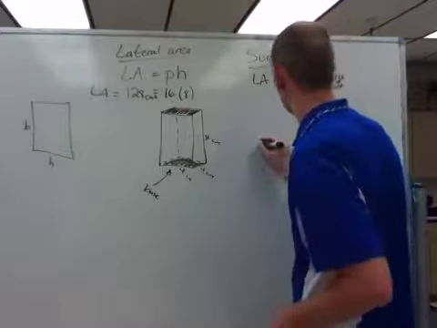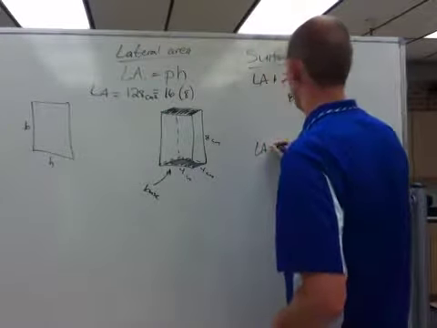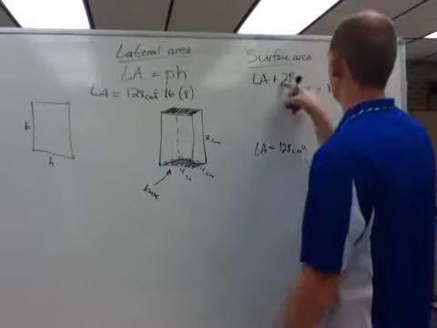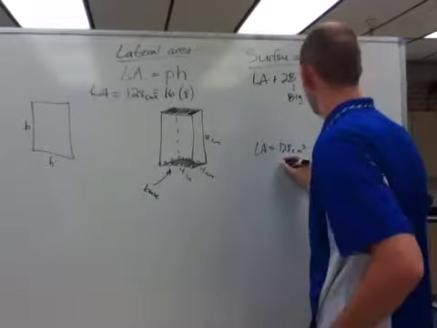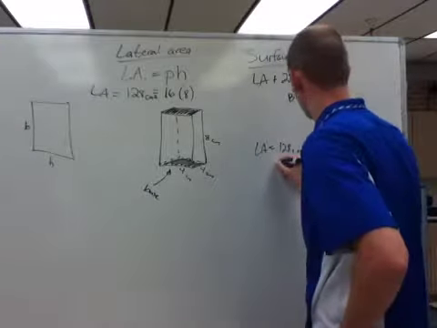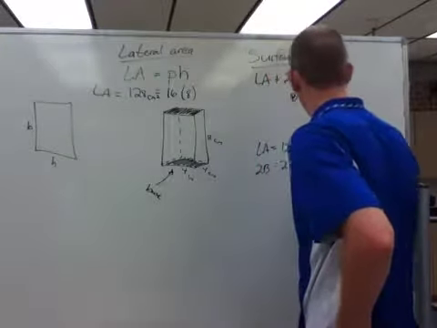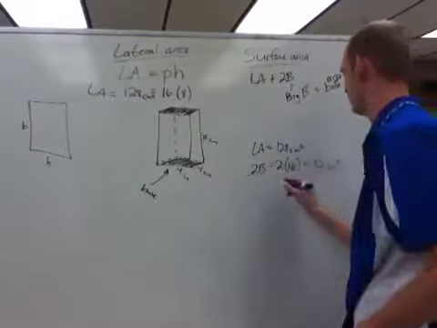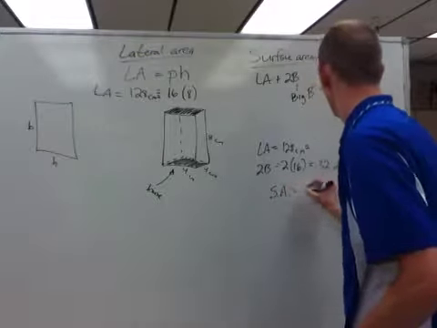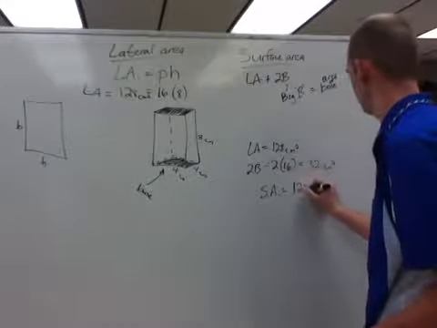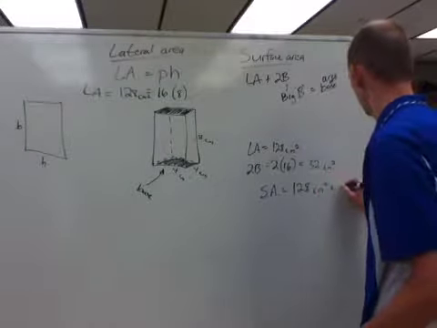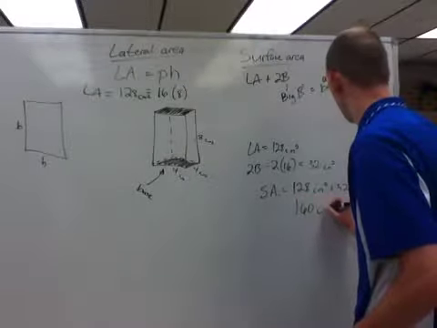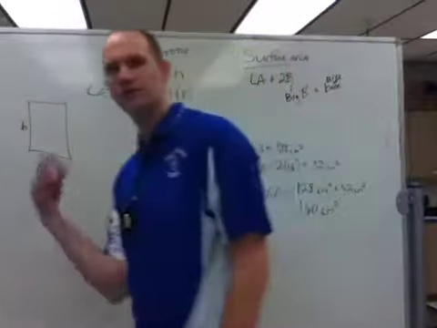It's the same on the top and bottom, so I do the lateral area, which is 128. We just found that over here. Then two bases. One base is 16, two bases equals 32 centimeters squared. So the surface area of this is 128 plus 32, which is 160 centimeters squared. So that's for a prism.